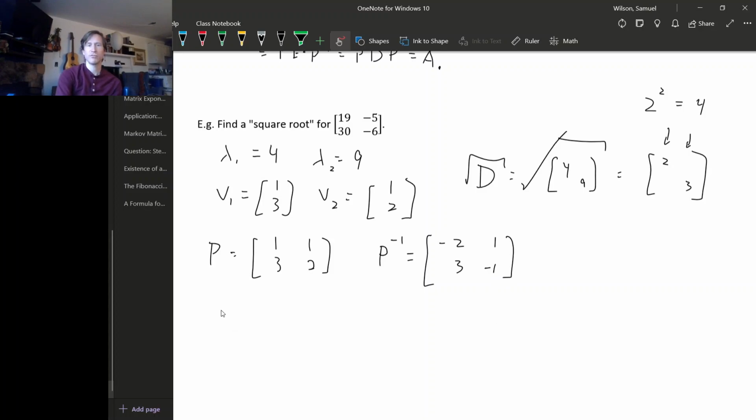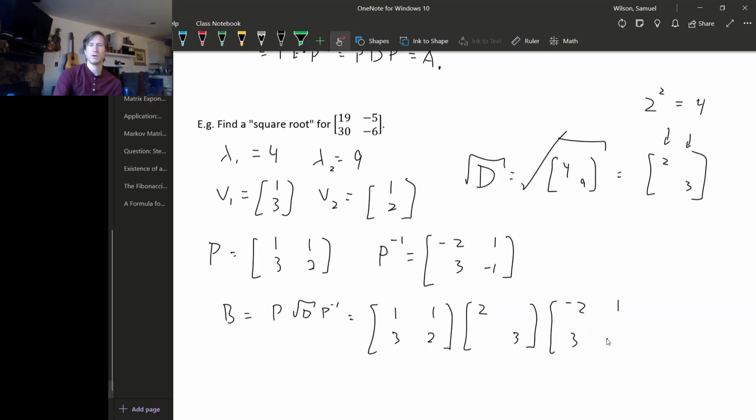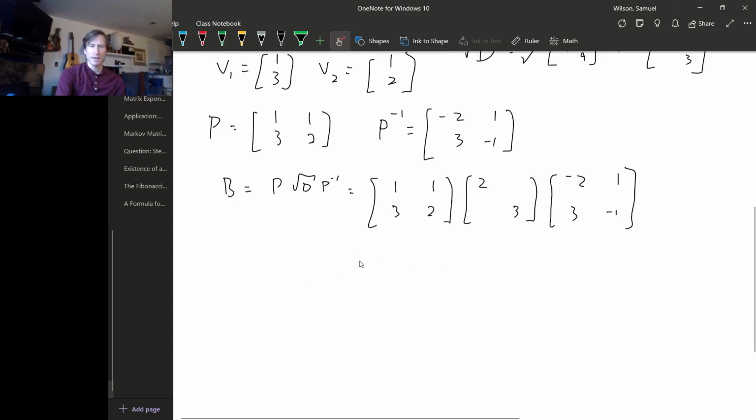Okay, so now we can form our square root matrix. That's going to be P times our square root of D times P inverse. So [1, 1; 3, 2] times 2 and 3 down the diagonal times [-2, 1; 3, -1]. Now we just need to multiply all of these out.